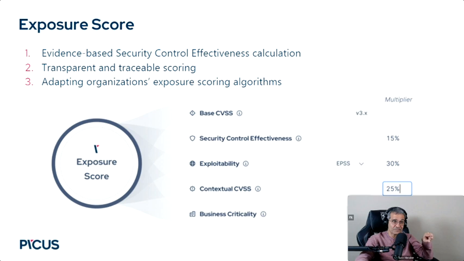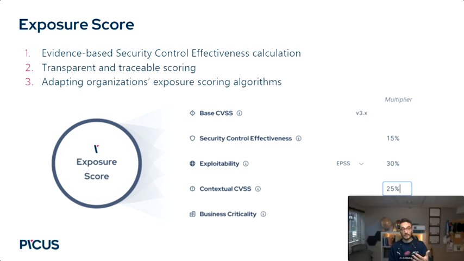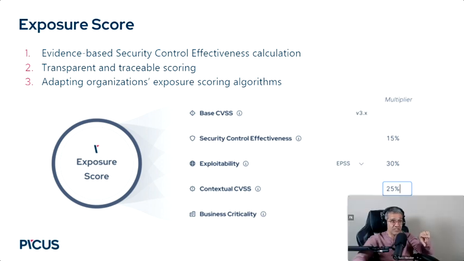Security control effectiveness comes from us, but our customers can tweak it. Yes, they can tweak that. Your breach and attack simulation will tell them if the EDR missed something, which is why you get to calculate it first. Yes. But then they can tweak it on the back end based on their own internal context and their own internal knowledge about how things are connected, available, or accessible, and so on.